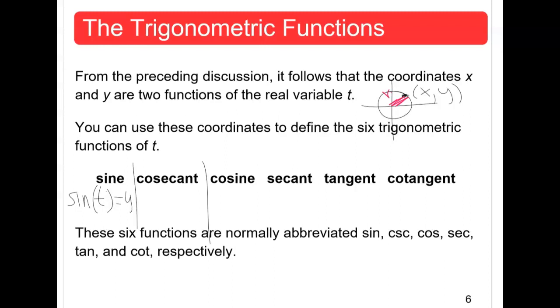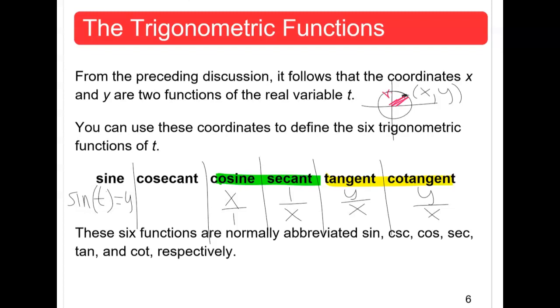Now for cosine, we will be using x, the coordinate x, and for tangent, that one will be equal to y over x. Now, cotangent is the reciprocal of tangent, so that one will be x over y. For secant, this will be the reciprocal of cosine, and so that one will be equal to 1 over x.